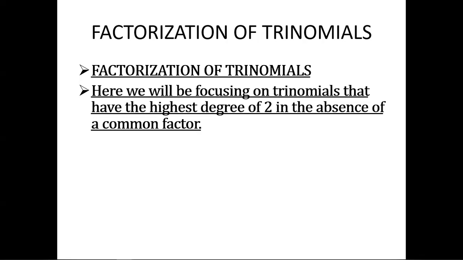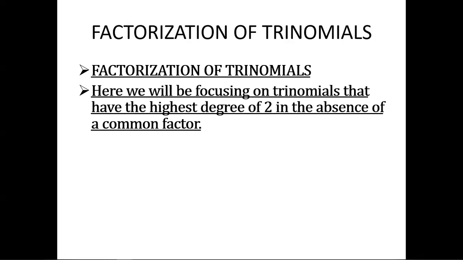If the highest degree is greater than 2, then you need to take out the common variable as a common factor, okay? For now, factorizing the degree of 3 and stuff will be done later. Otherwise, you first check if there's a common factor, and if it's an even number, check the middle term.